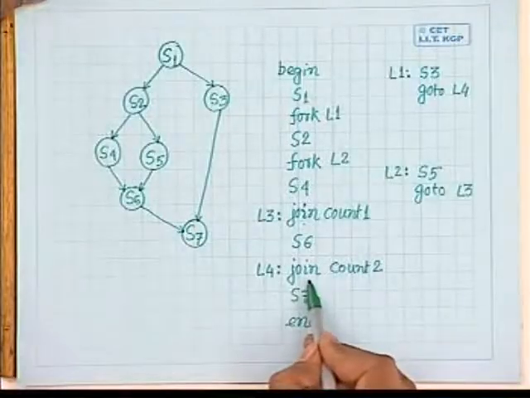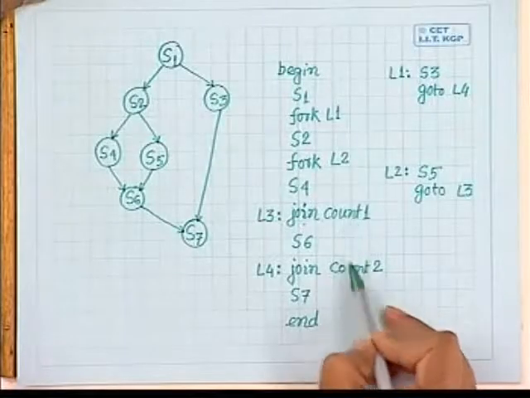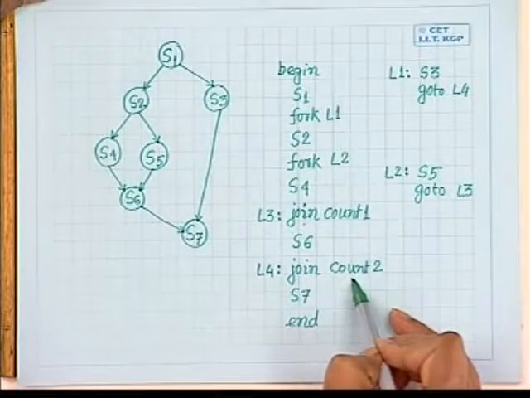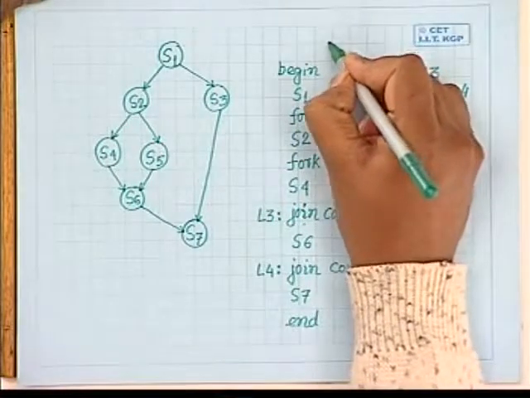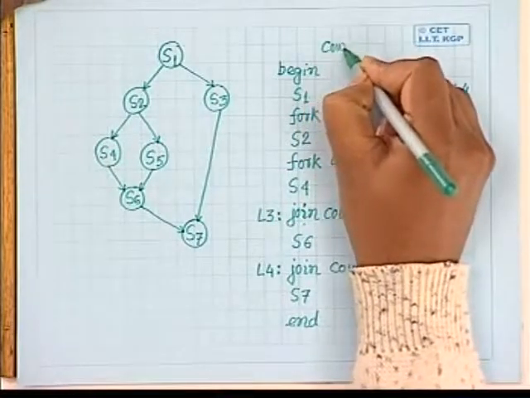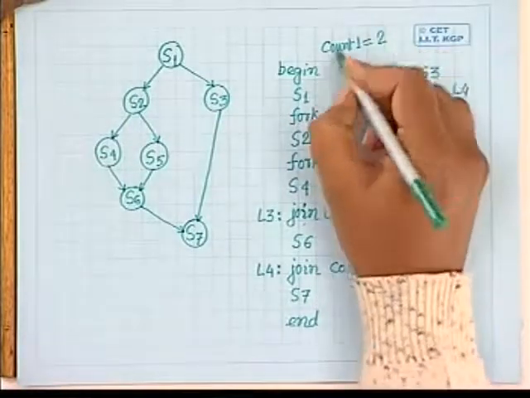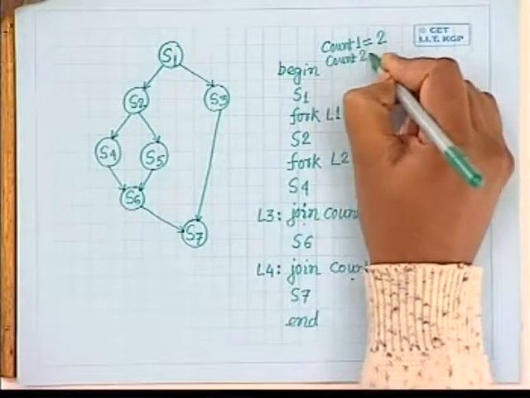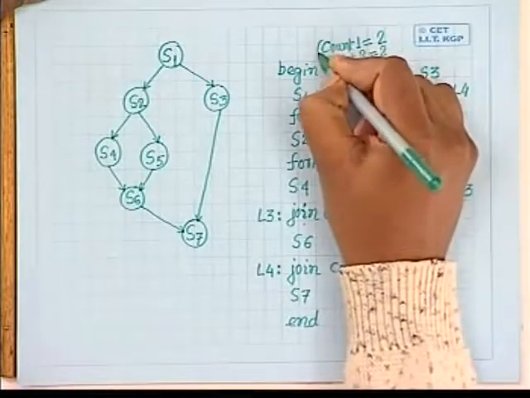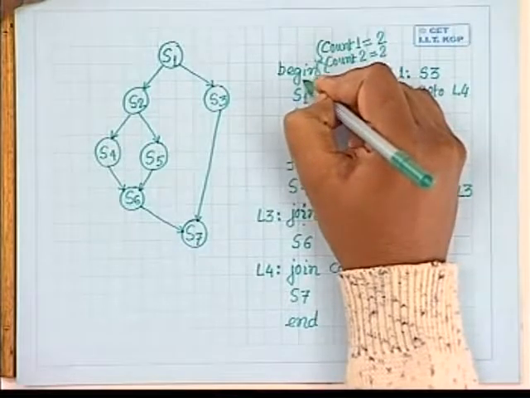This join statement combines two processes, and this join statement also combines two processes. That means both count 1 and count 2 have to be initialized to value 2. So I have to have count 1 equal to 2, count 2 also equal to 2. This initialization has to be done here.